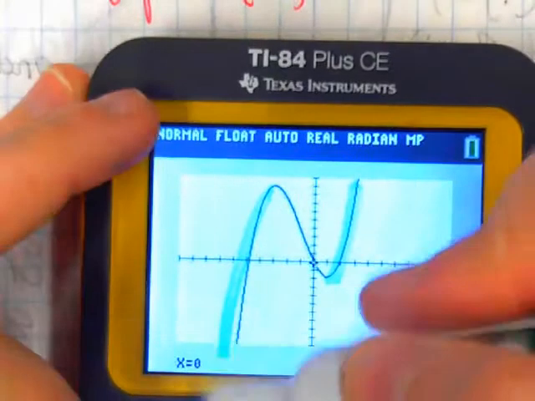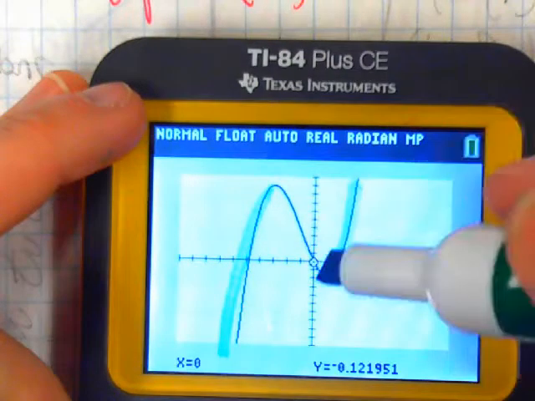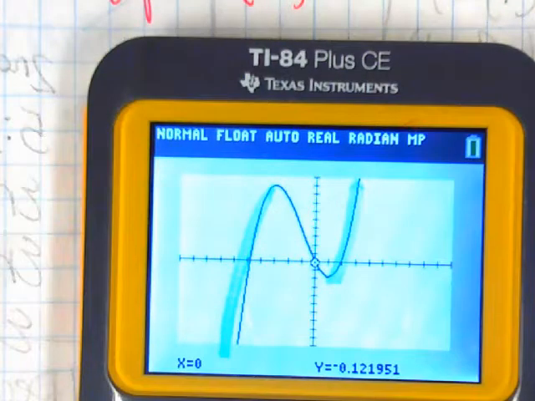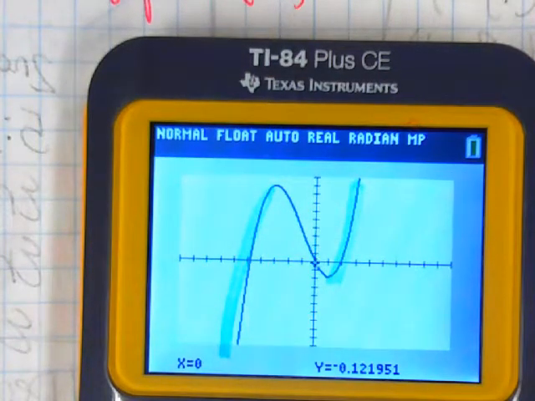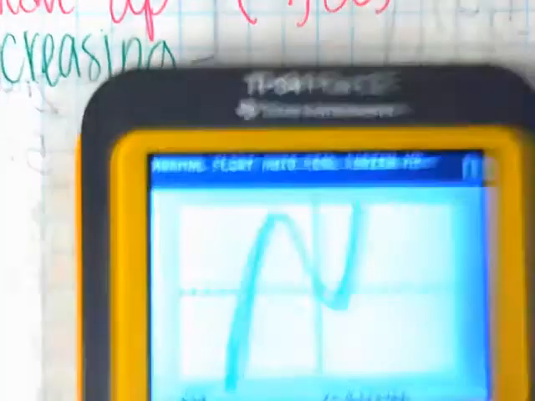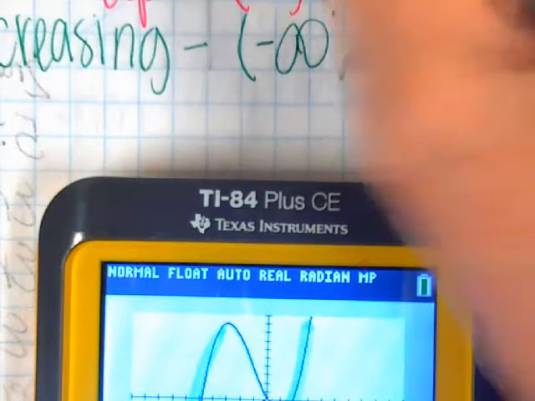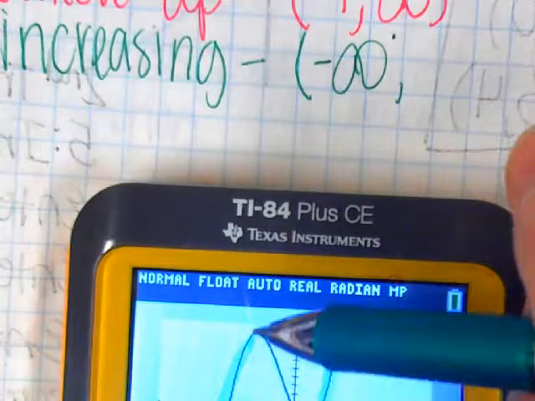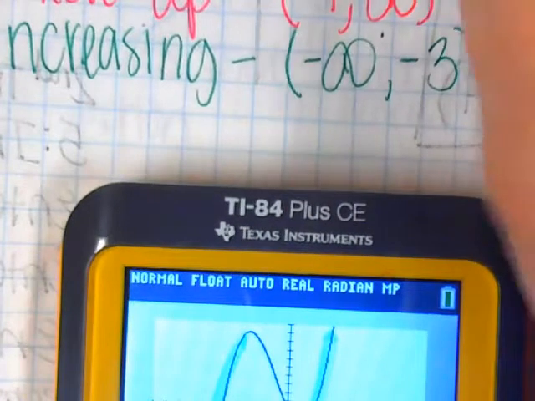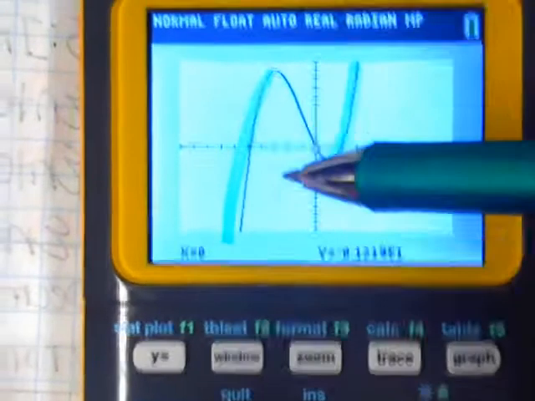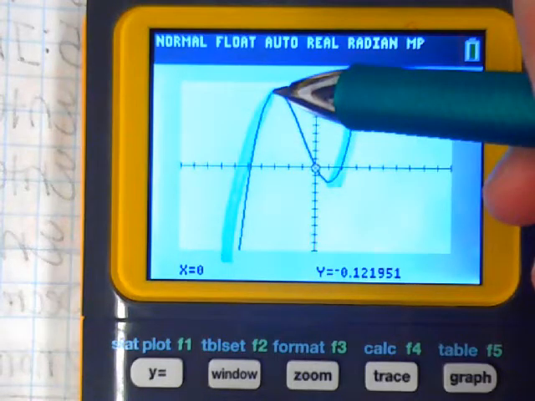So look at when it's increasing. If my marker is going up from left to right, then it's increasing, that's increasing as well. So it's increasing from negative infinity to, that looks like negative 3.